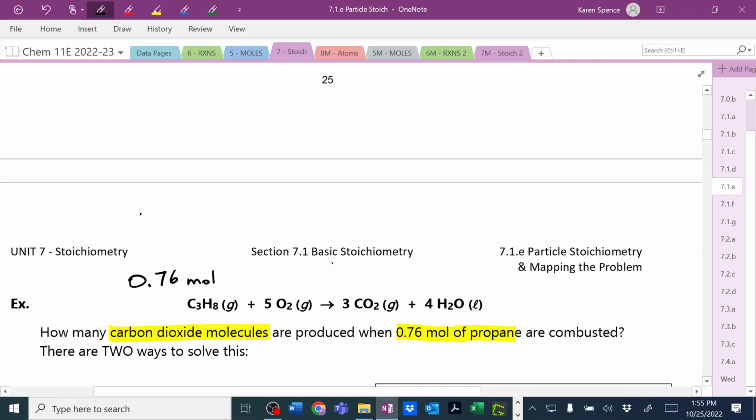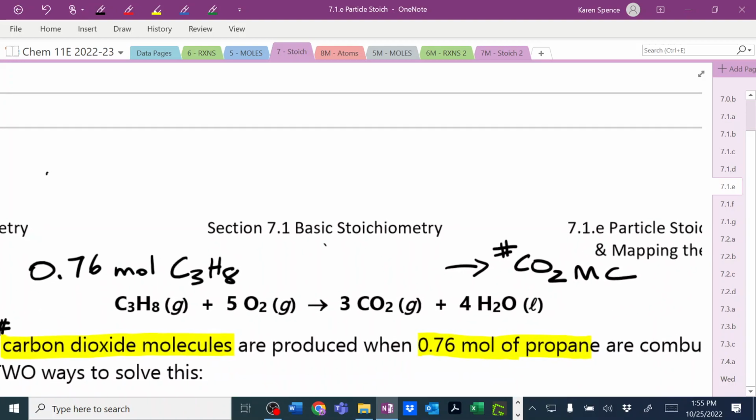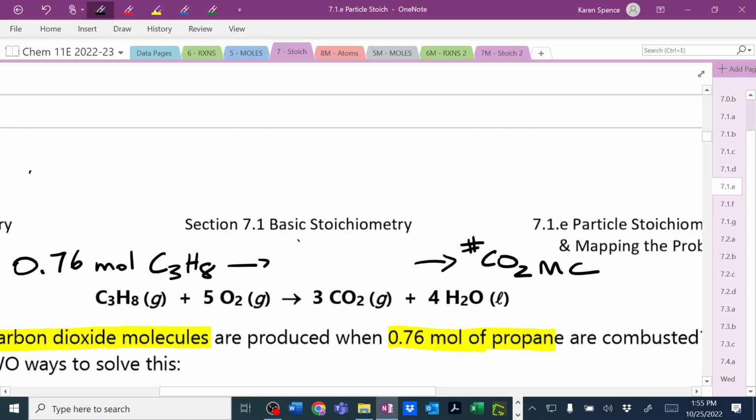So we would be starting with 0.76 moles of C3H8, and we want to finish with the number of CO2 molecules. What is one direction we could go? What could we convert moles of C3H8 into? We could convert that into moles of CO2, and from there we could convert that into CO2 molecules.